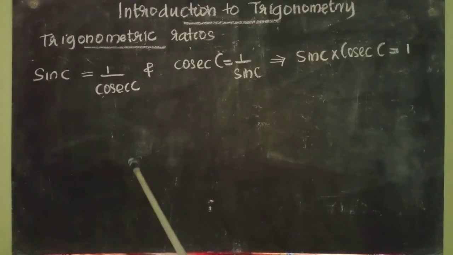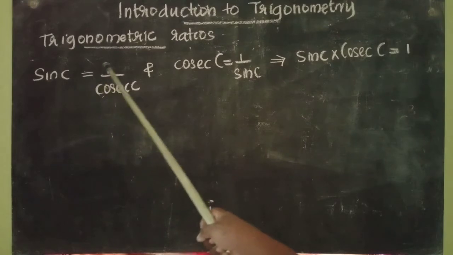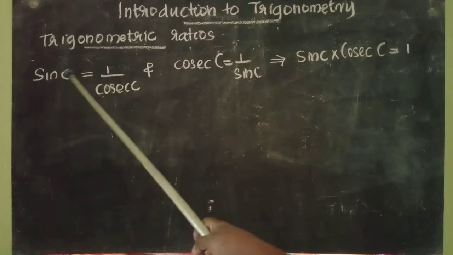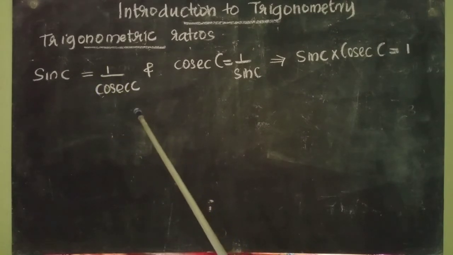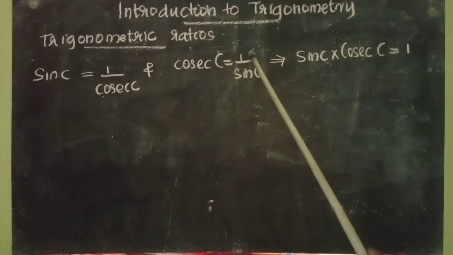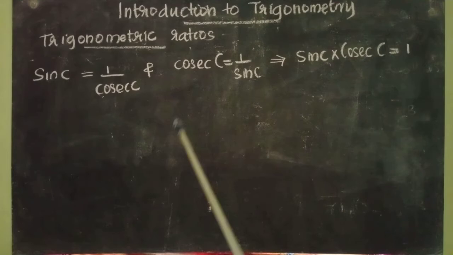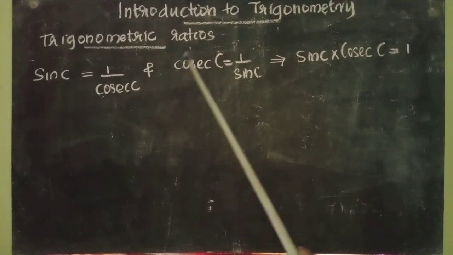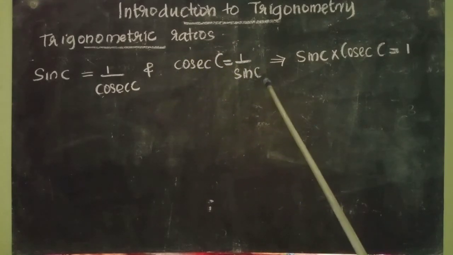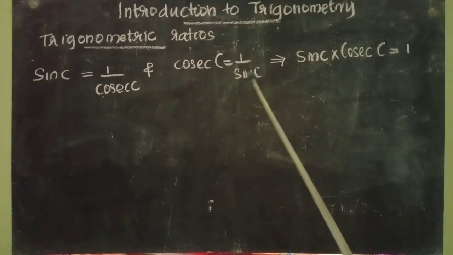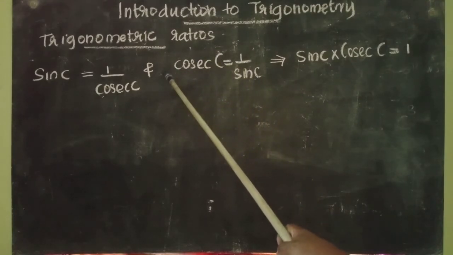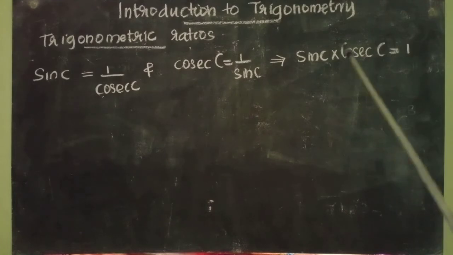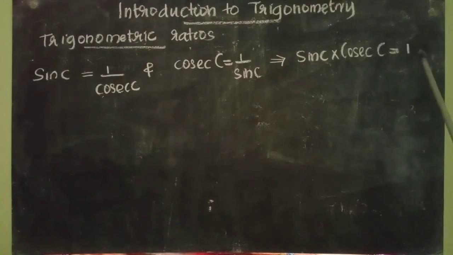So we can write sin C equal to 1 by cosec C, because we just discussed now sin C is the reciprocal of cosec C, or cosec C is the reciprocal of sin C. So we can write sin C equal to 1 by cosec C and cosec C equal to 1 by sin C. If we take this sin C also to the left side, we will get another result like this, sin C into cosec C equal to 1.